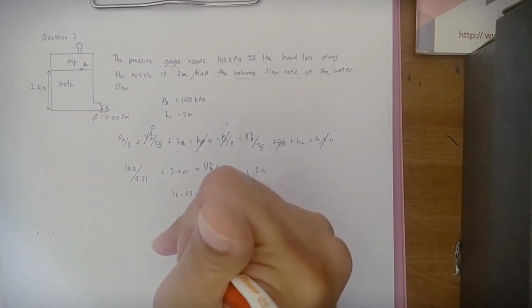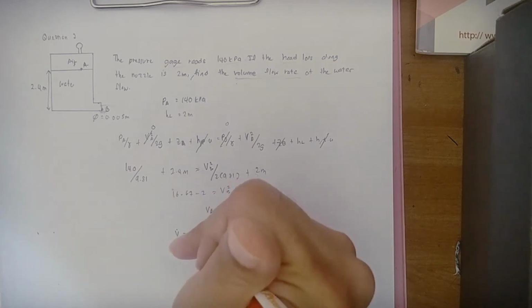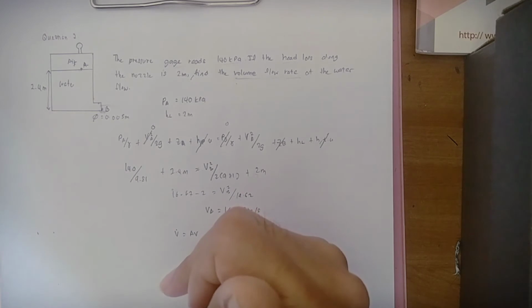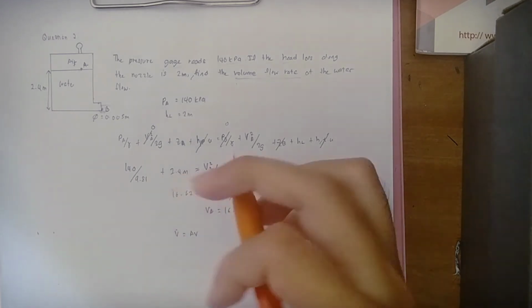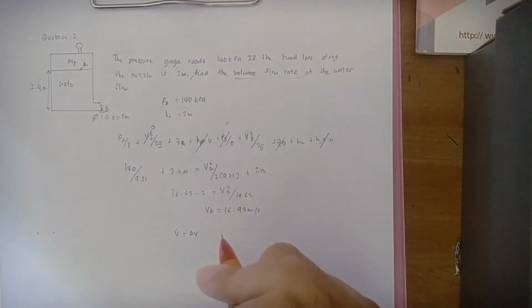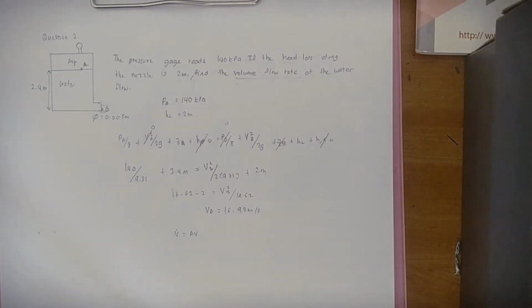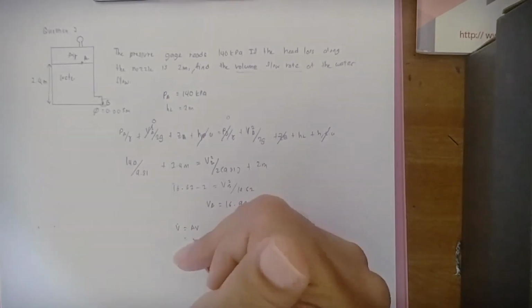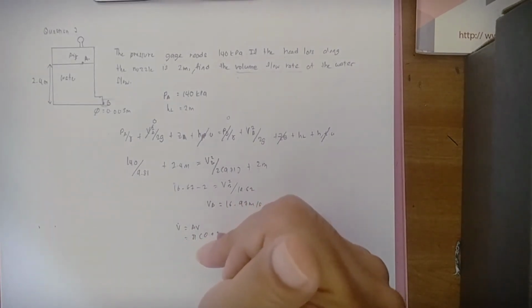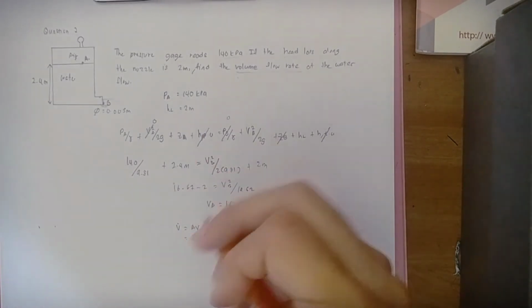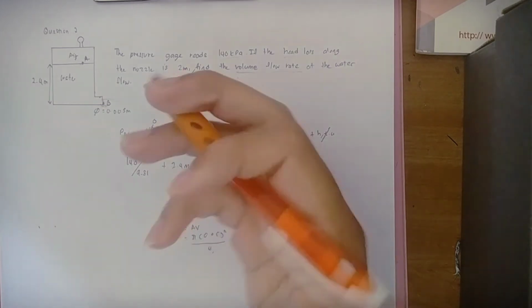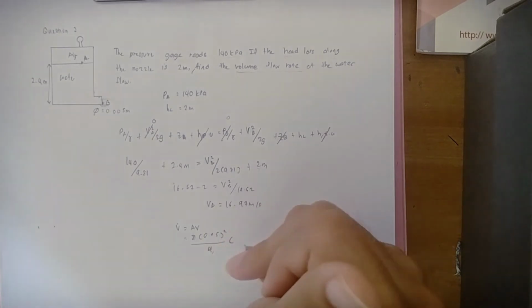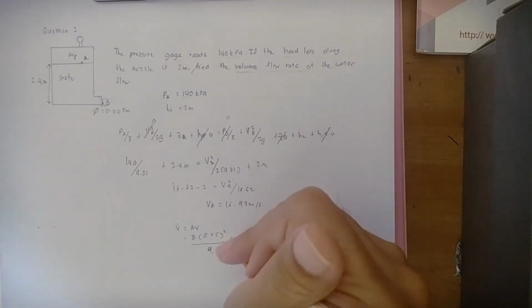After we get VB, then we can find the volume flow rate of the water. So volume flow rate is equal to AV. In this question we use VB. The area at B is pi d squared over 4, times VB.